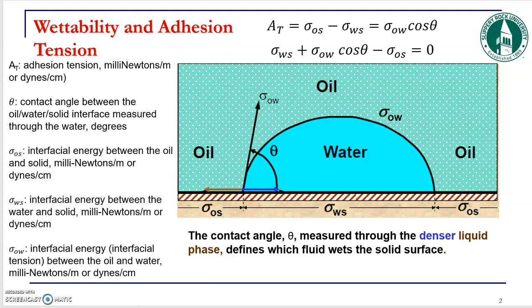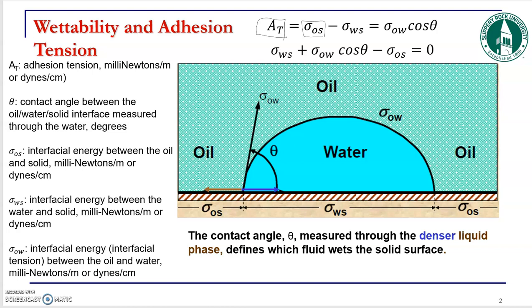Wettability, we defined the adhesion tension, AT, right? And AT was called adhesion tension, the difference between the interfacial tension of oil and solid. So if you have water and then you have surrounding oil, then there is interfacial tension of oil and solid, interfacial tension of water and solid, and then there is this interfacial tension between water and oil.